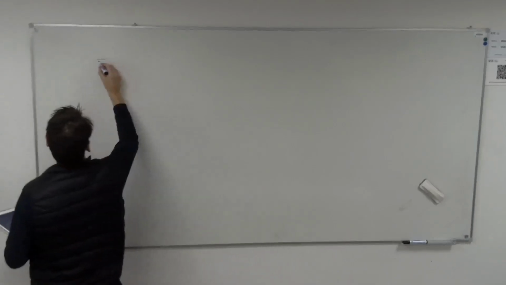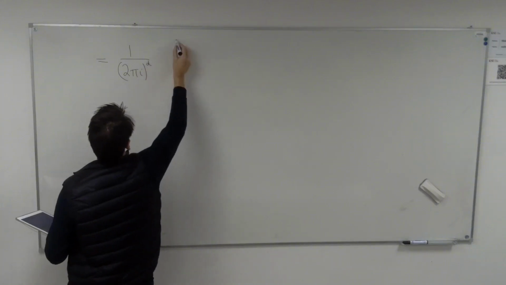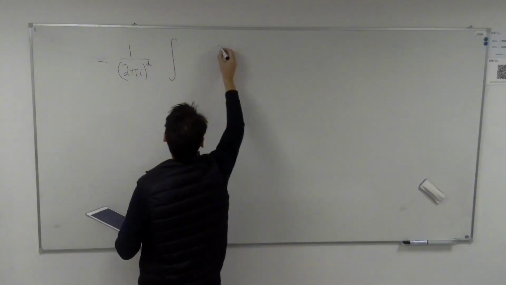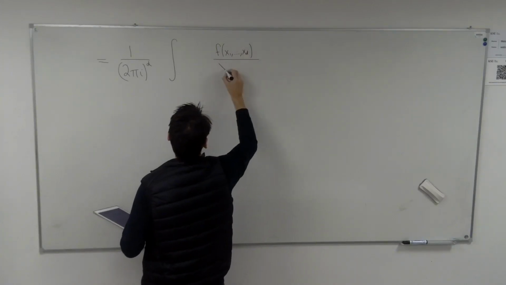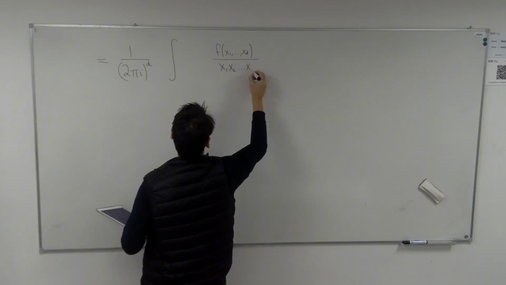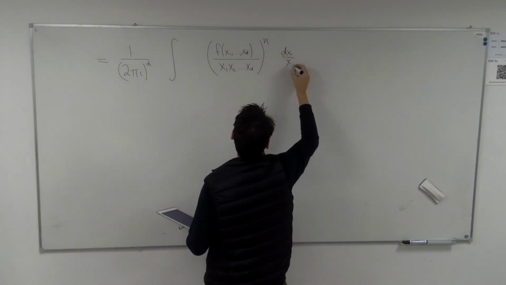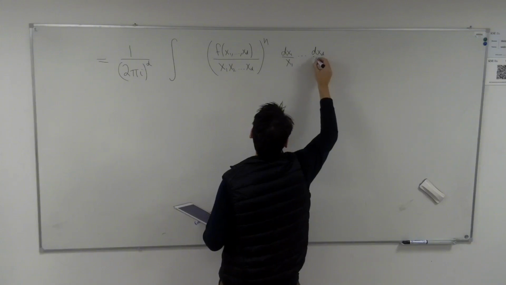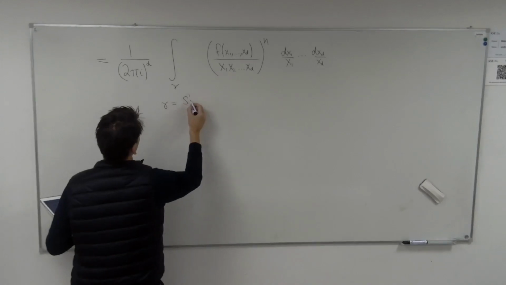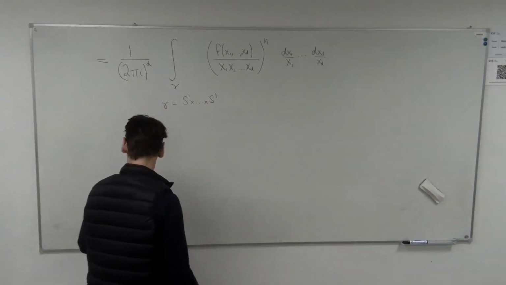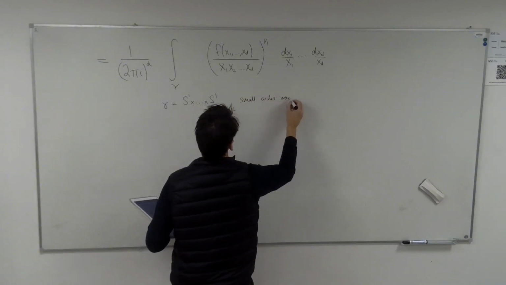So this residue equals, by Cauchy's theorem, 1 over 2 pi i to the d times the integral over gamma, where gamma is a product of small circles around 0.